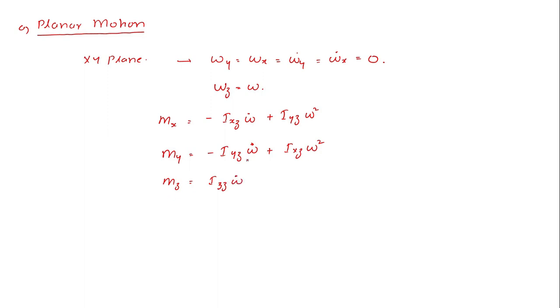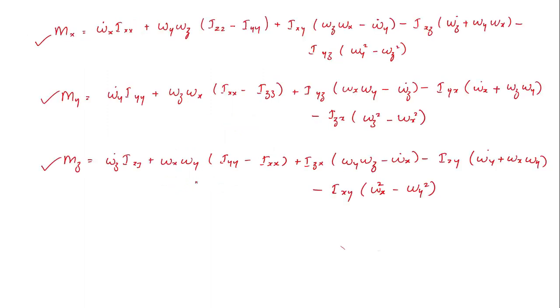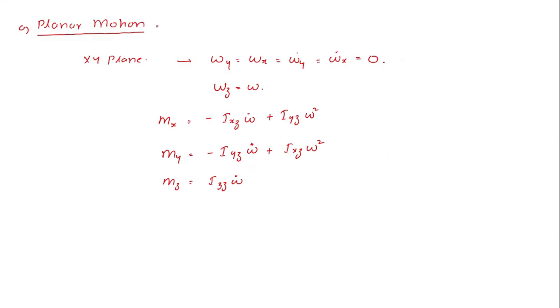Okay, so these equations are the reduced format of the above equation in case of a plane motion when omega y, omega x, omega y dot and omega x dot are all equal to 0.